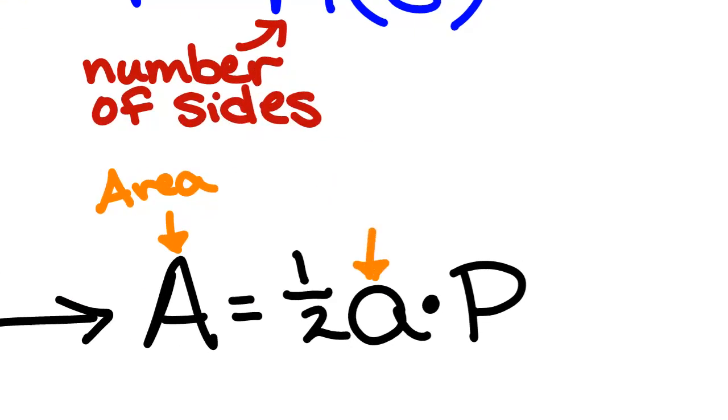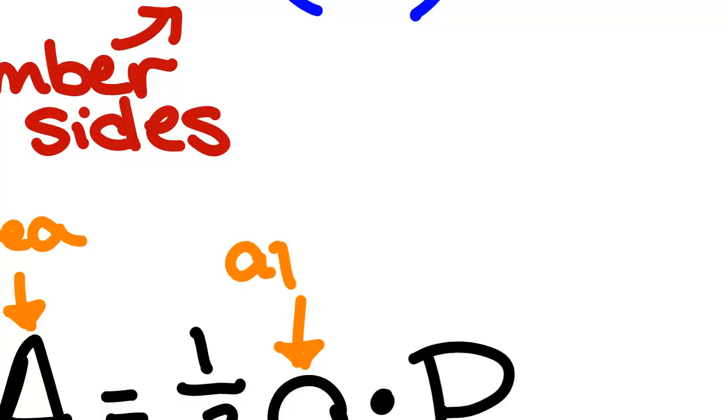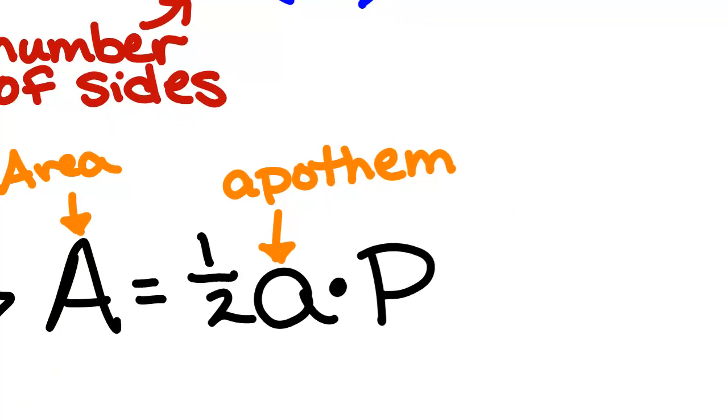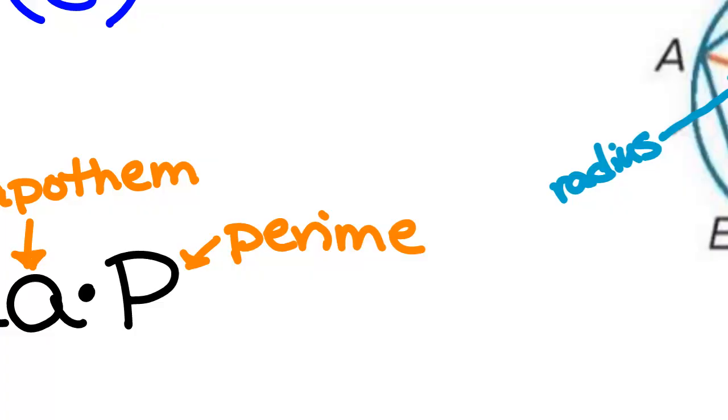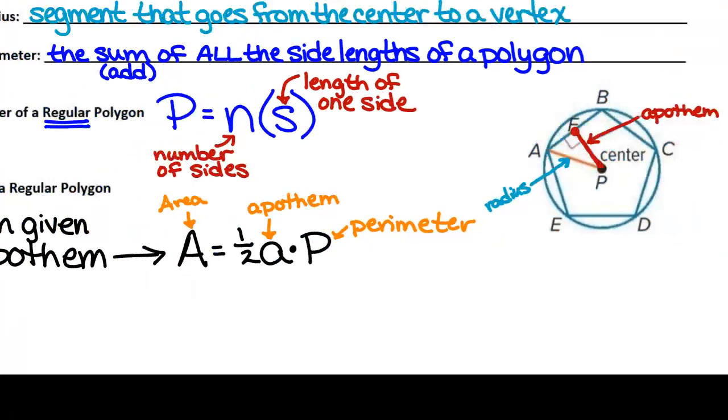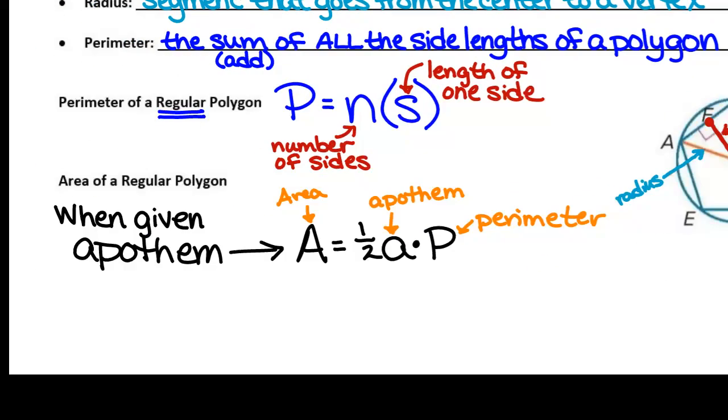The lowercase a here stands for apothem. And the uppercase P stands for perimeter. So area equals 1/2 times the apothem times the perimeter.